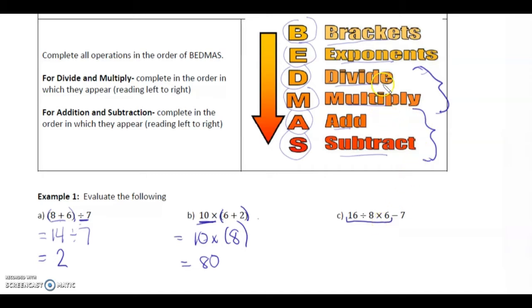But we are going to do this in the order that we see it. Okay? So 16 divided by 8 is going to give us 2. Bring down the rest. Times 6 minus 7. Now, multiplication comes before subtraction. 2 times 6 is 12, and then minus 7, we get 5.